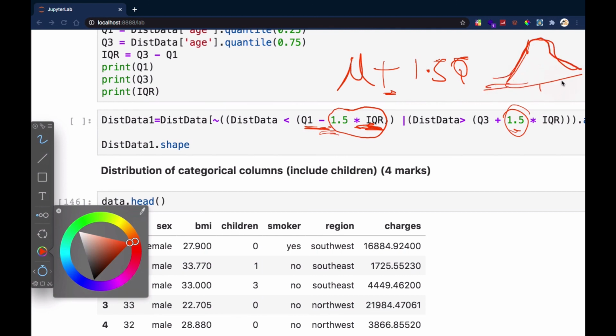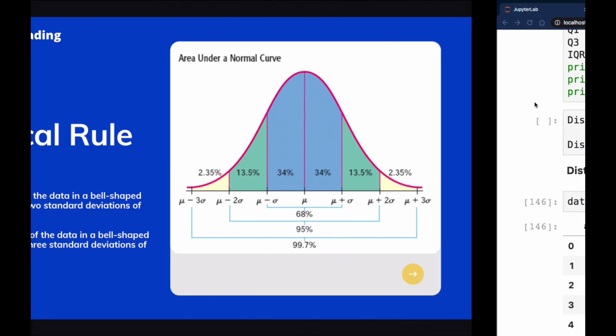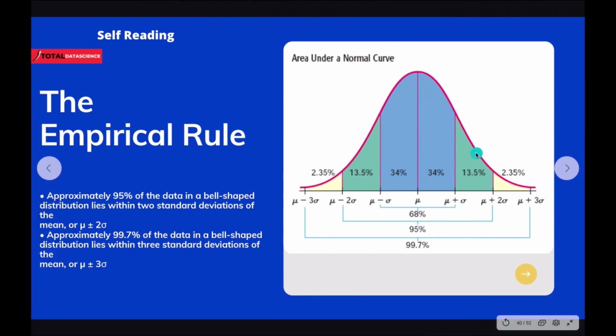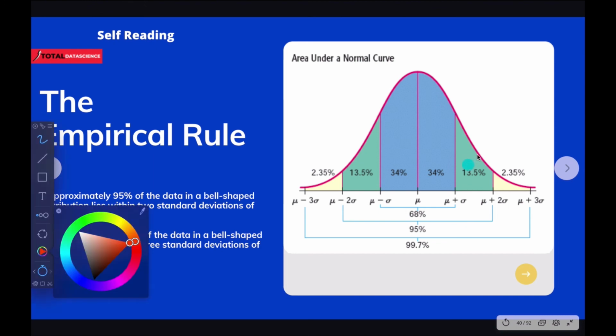So instead of maybe going 1 standard deviation away from the mean, which is going to be the mean plus that, or the mean minus that, in this case I'm going to use 1.5, which is the threshold that I'm setting. So in that case, I'll be able to capture somewhere here.